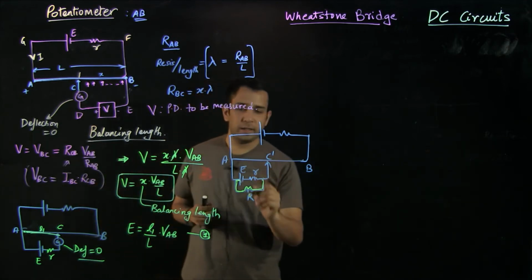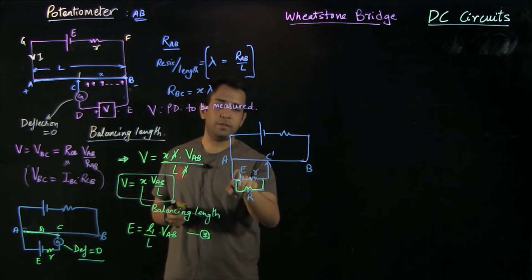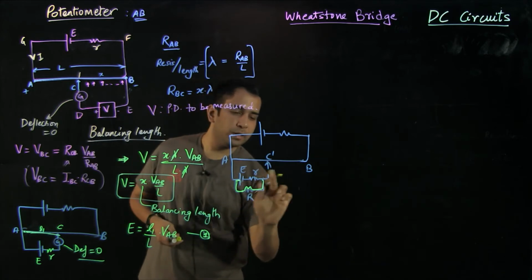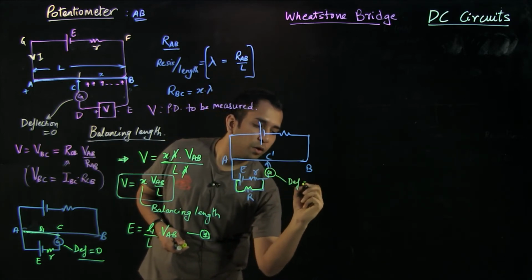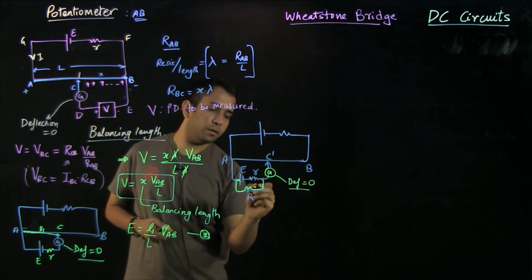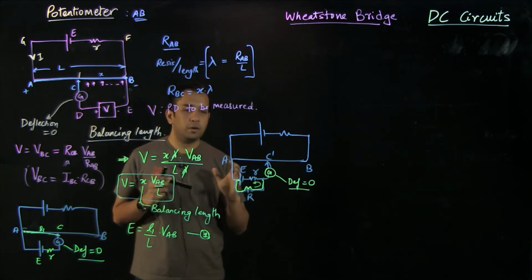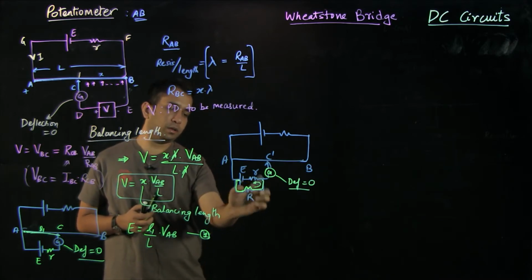We have introduced another R, which is known to us, in parallel with the EMF of the cell and its internal resistance. So now even if the galvanometer is showing a deflection of 0, the current can flow in this portion. So it allows us to find the potential difference due to this circuit.